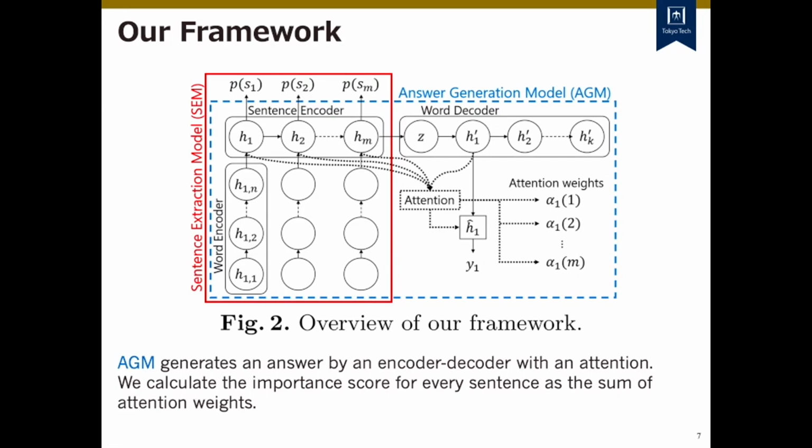We believe that the model gives higher attention scores for important sentences when generating an answer. So we calculate the importance score for a sentence as the sum of the attention weights from every time step.